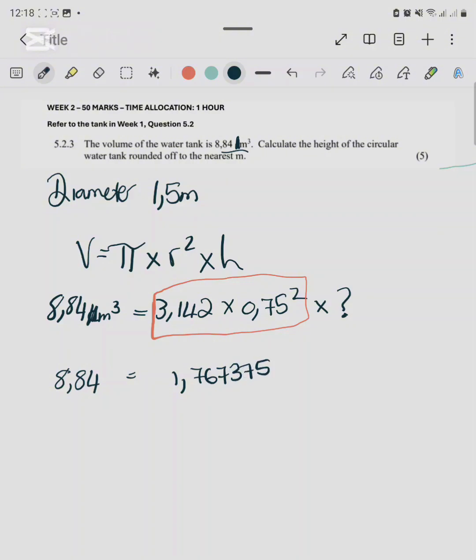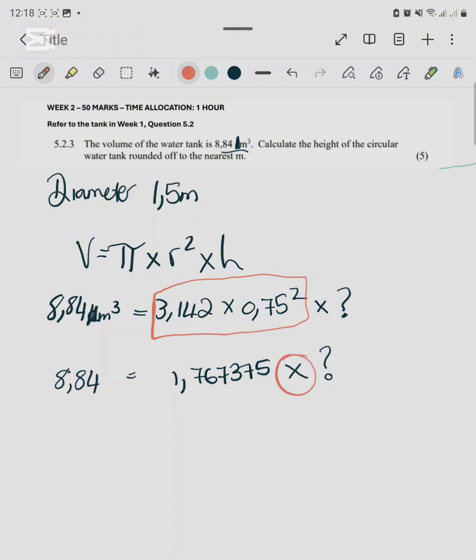And you might notice you already had this answer from the previous activity when you were working out the area of the circle for the tank. And so that's times by something. Now the question is, how do I find the something? Well, this is the idea of understanding that I'm doing the opposite calculation.